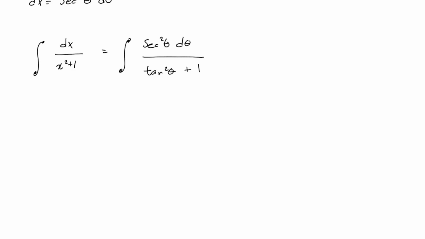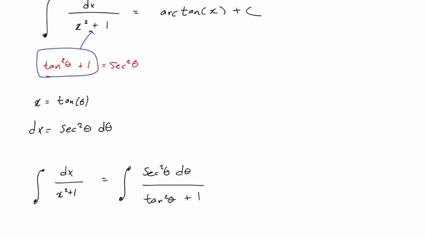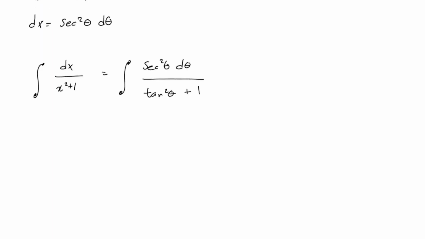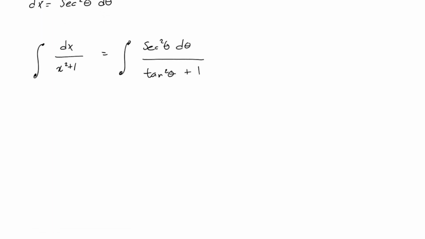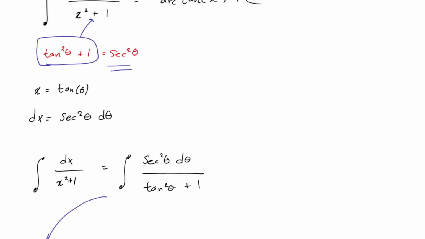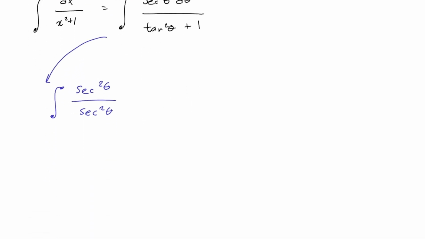Now, if we look to this identity which we wrote over here, we see that tan squared theta plus 1 is sec squared theta. So if I have a tan squared theta plus 1 here, all we're going to be getting is the integral of sec squared theta divided by sec squared theta, because tan squared theta plus 1 is equal to sec squared theta.